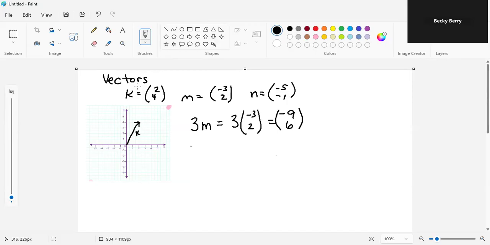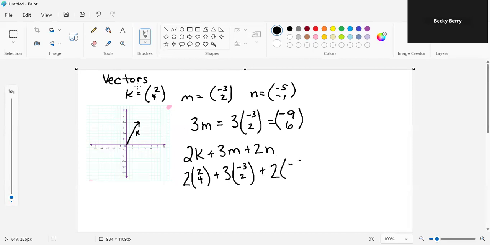If we wanted to do something like 2k plus 3m plus 2n, we're going to do our multiplication. We're going to put in each vector for the letter. 2 times the 2, 4 vector plus 3 times the -3, 2 vector plus 2 times the -5, -1 vector.